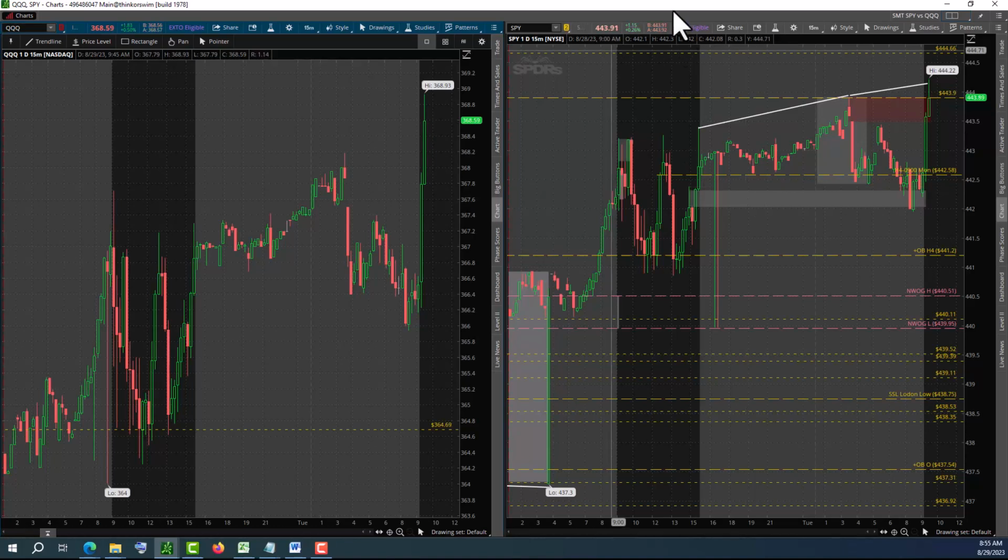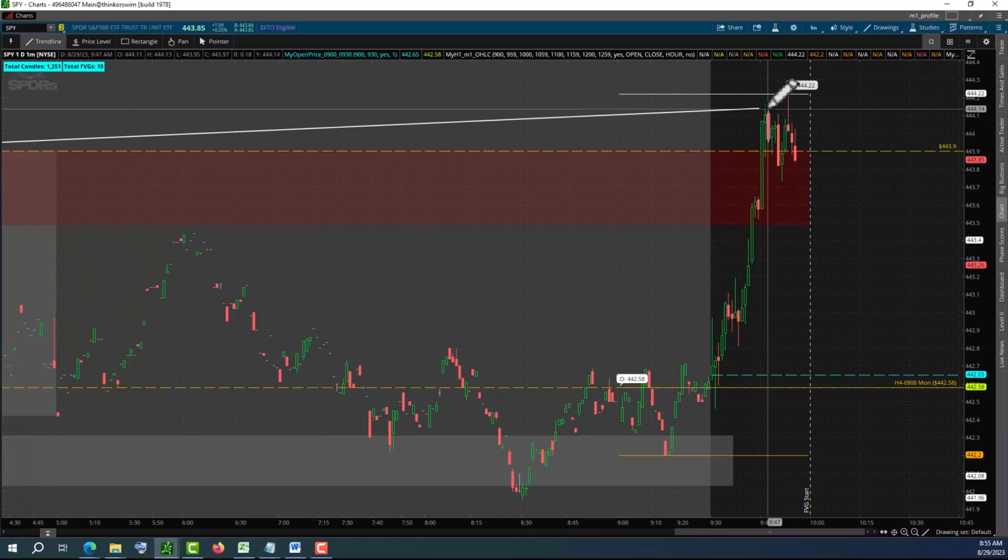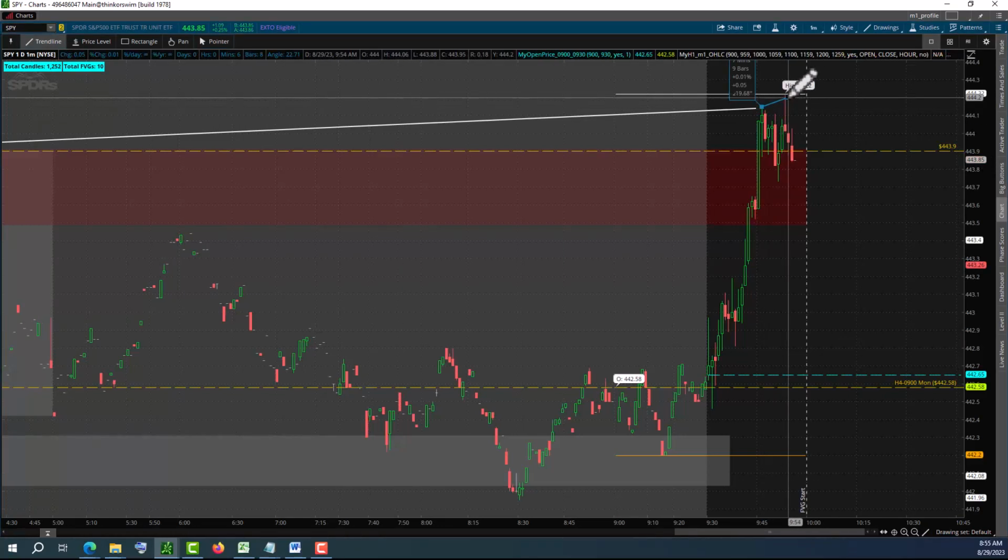So we don't see the divergence right now. Just be patient, wait. But you can see that right here, buy side and sell side liquidity were taken.